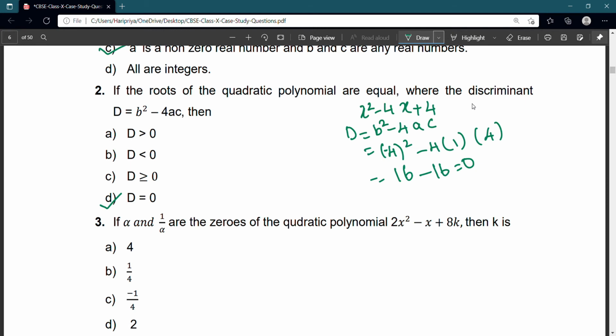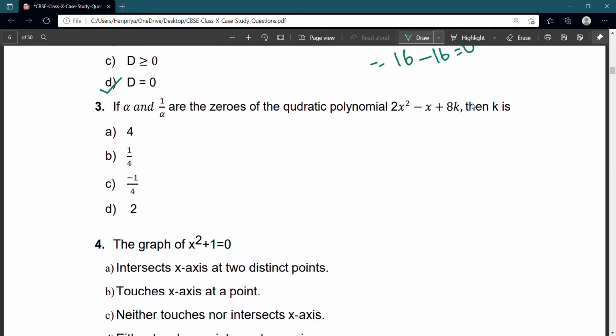When the discriminant D is equal to 0, then the roots are equal. Next, if alpha and 1 by alpha are the zeros of the quadratic polynomial 2x square minus x plus 8k, then we're going to find the value of k.